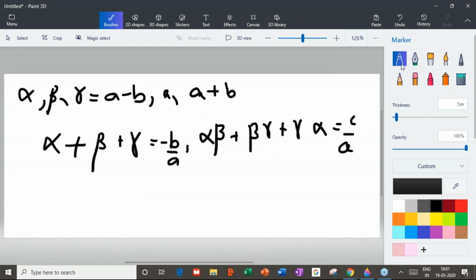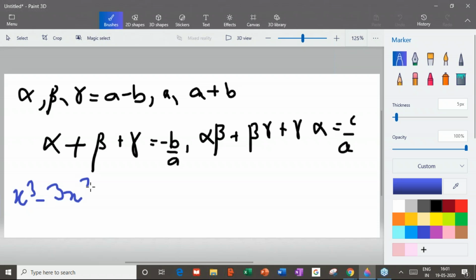Okay, so this is one of the properties you will be using, and the other important thing is you can compare the equation x cube minus 3x square plus x plus 1. The coefficient of x cube is a, this is b, this is c, and this is d.